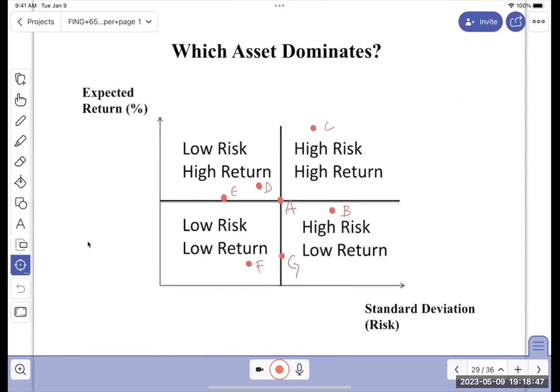All right, so looking here, which assets are dominated by A?